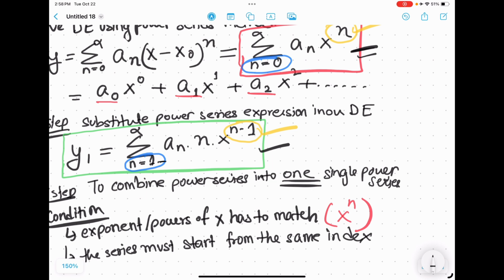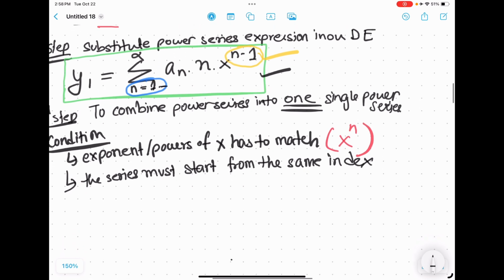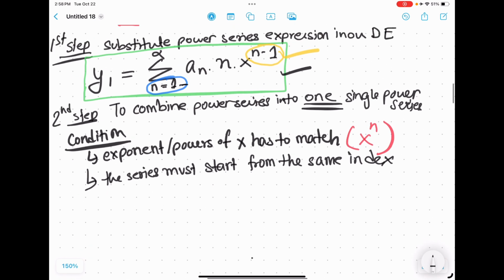Because clearly 1 is larger, I will make my smaller one a larger one. Again, it's conventionally easy to do that. That's the only reason we do that. Let me write that: the bigger starting index.